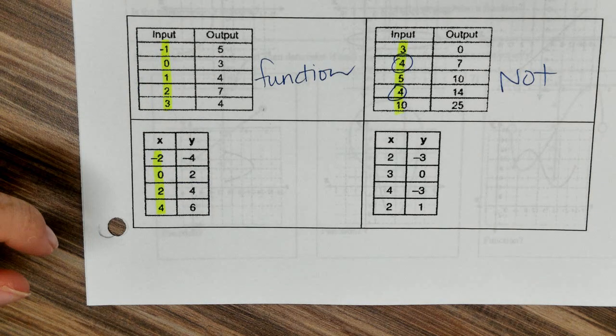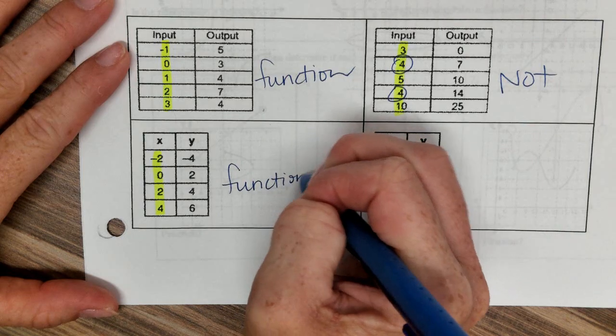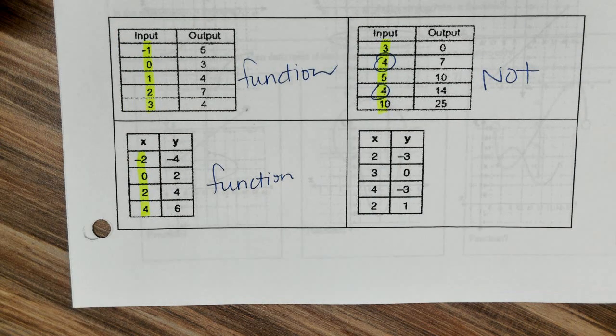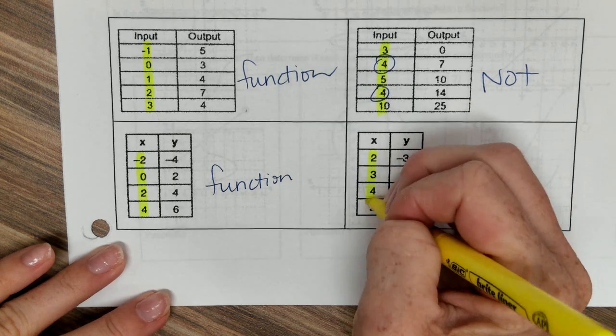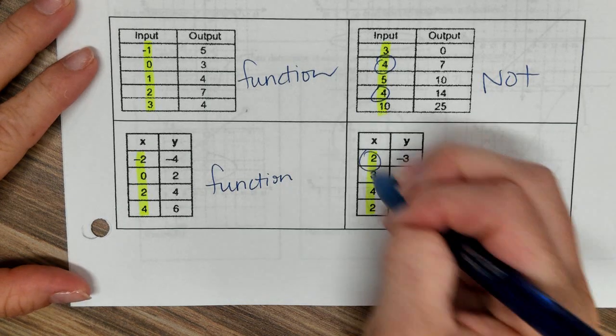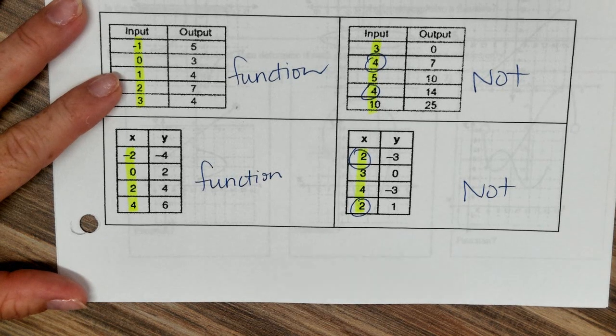Is this a function? Why is this a function? No x repeats itself. And the last one, I have 2, 3, 4, 2. Yes or no? Why not? The 2's repeat. This is not a function.